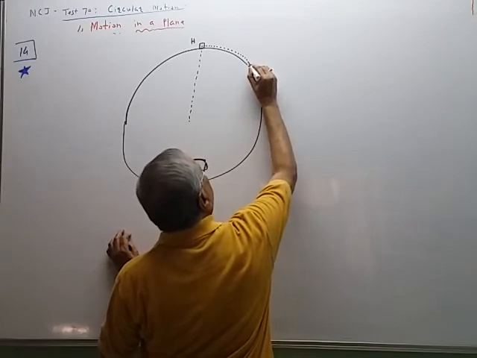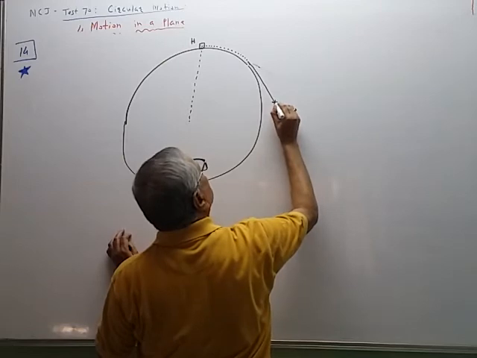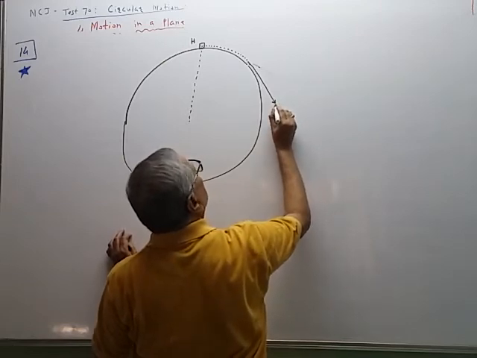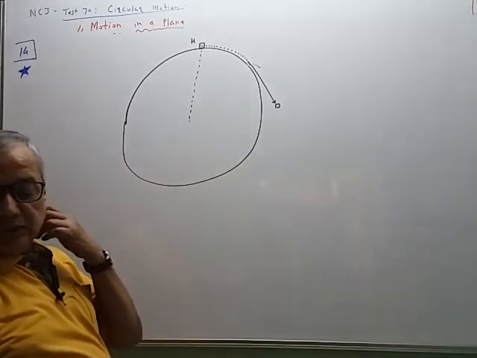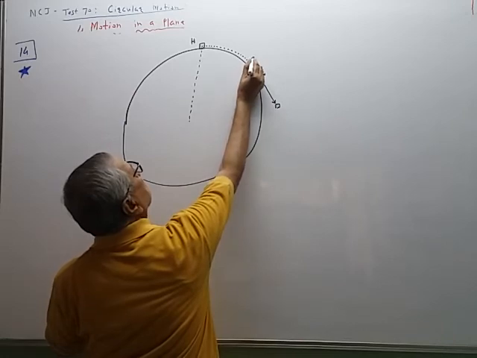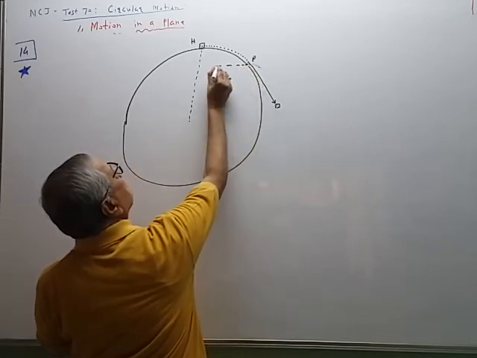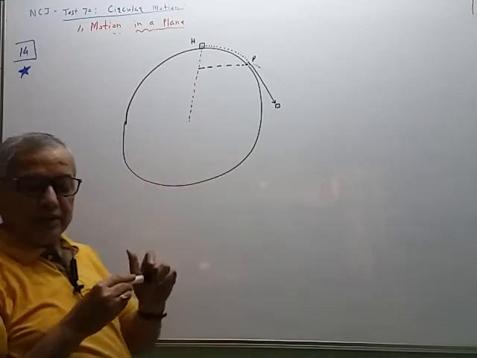So it leaves the circle at point P. If we draw a perpendicular, then this height is h that we have to find.